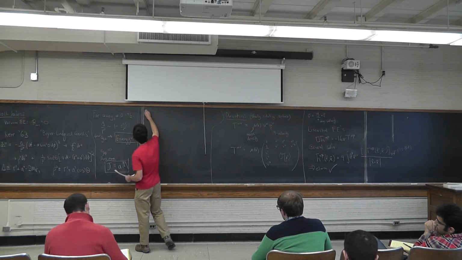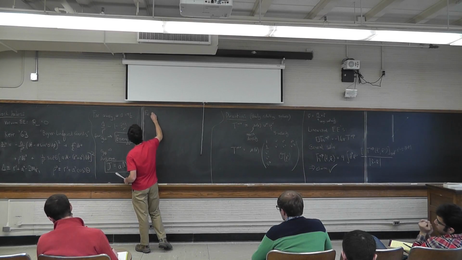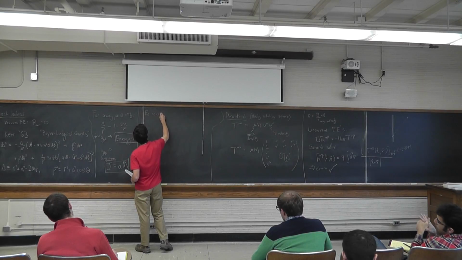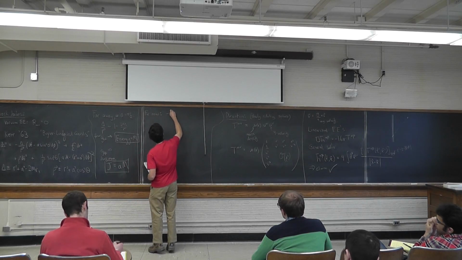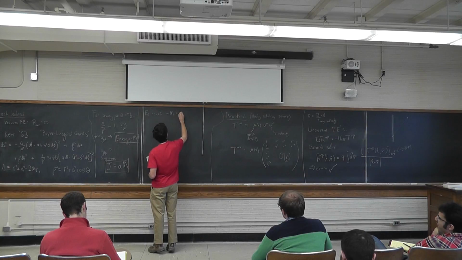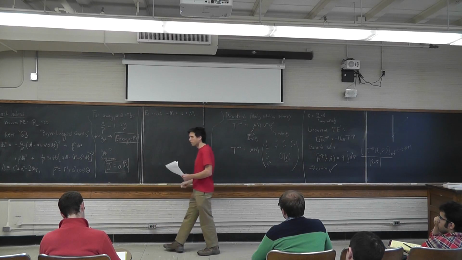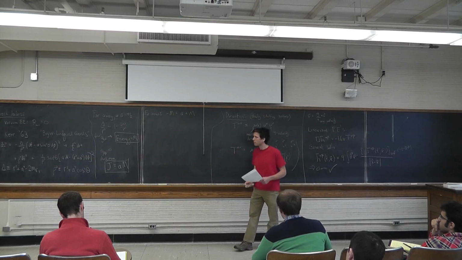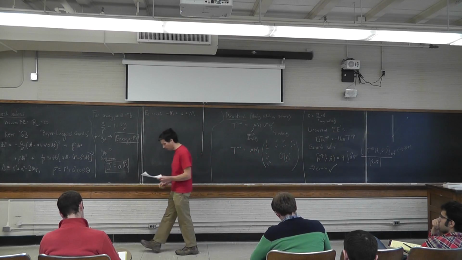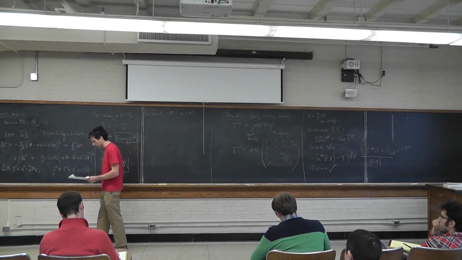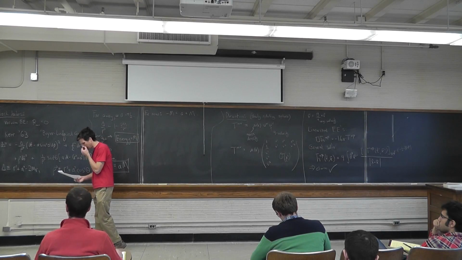For now, I'm going to restrict a to run from minus m to m, and we'll come back to why I'm doing that and see in a minute why that case is special.